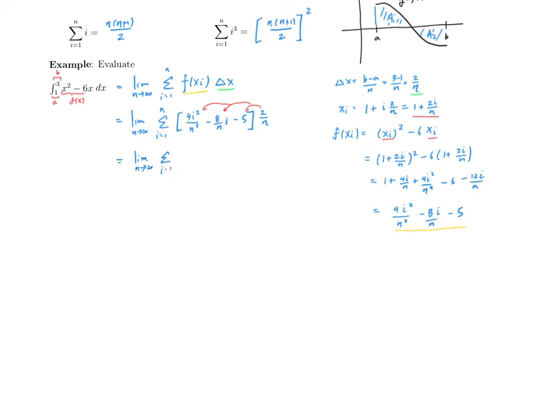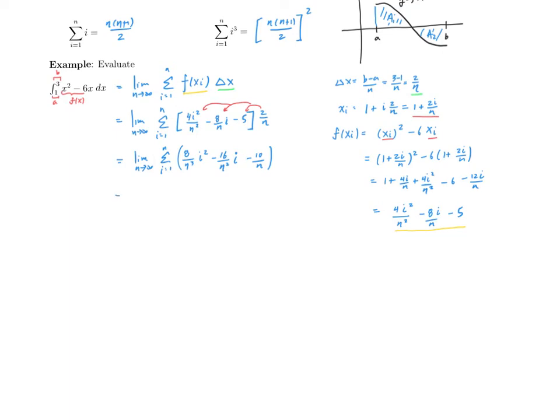So distributing through the 2 over n, we would have 8 over n cubed i squared minus 16 over n squared i minus 10 over n. And what I would now like to do is note that we are adding up 3 different quantities. So let's go ahead and break this sum up over the subtractions, and while we're at it, pull out the constants.